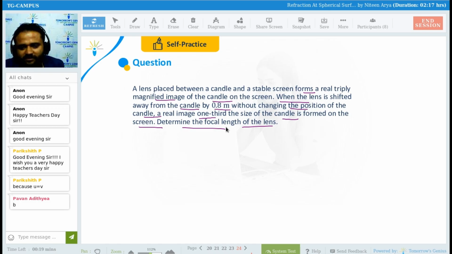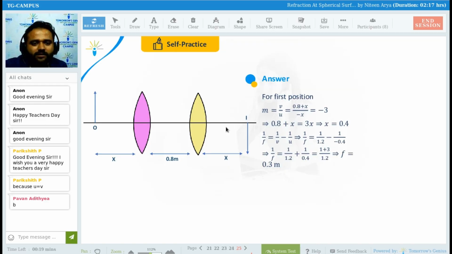Or should I tell you this? Okay, do one thing. You can see the answer. For the first position, m equals v by u equals minus 3. The moment you change, the object is the candle, so 0.8 and x is going to be thrice of x, because this is the relation. Clear?